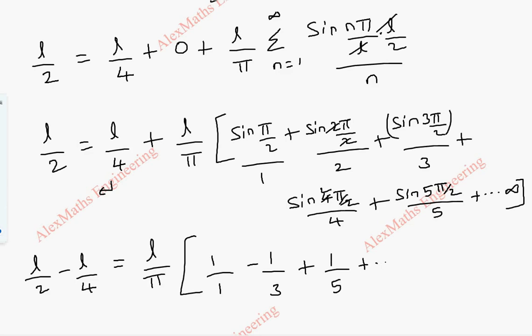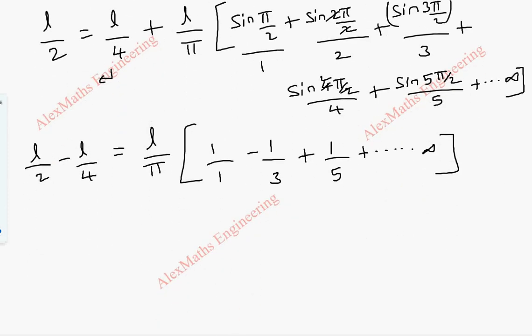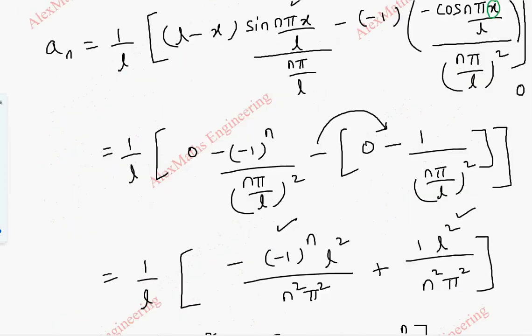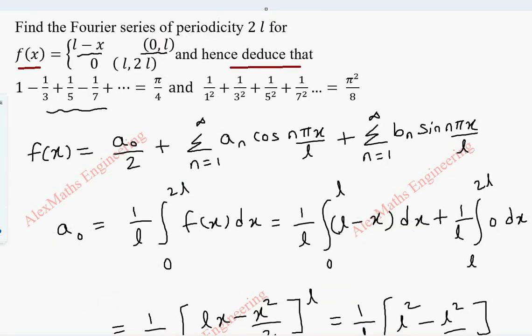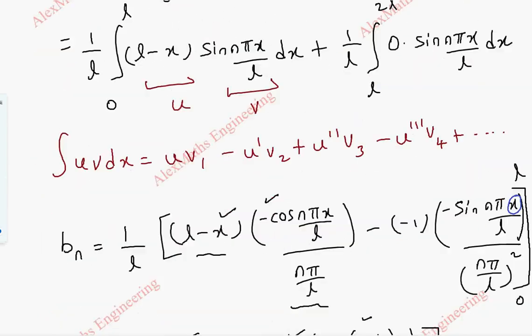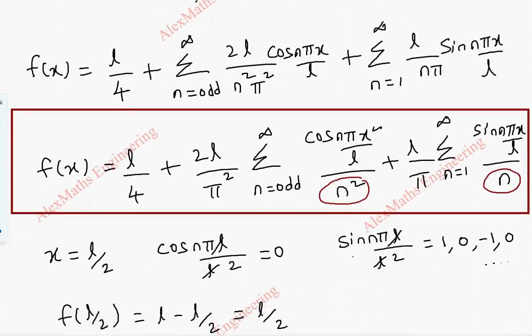So like this we get the series till infinity. Then let's check our question. So 1 minus 1 by 3 plus 1 by 5 minus 1 by 7 dot dot dot. So we got it. Further terms, if you write, I will also get the minus 1 by 7.